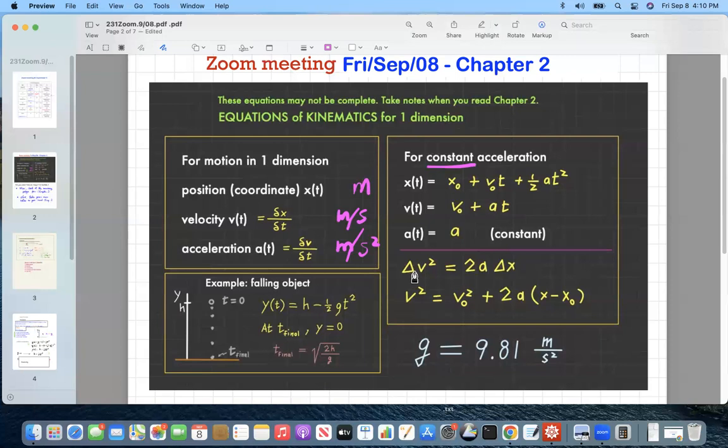And that equation is delta v squared is 2a times delta x, where we use this delta notation, which I talked about a little bit last time. We'll often use the delta notation.